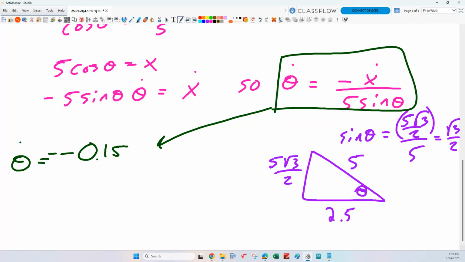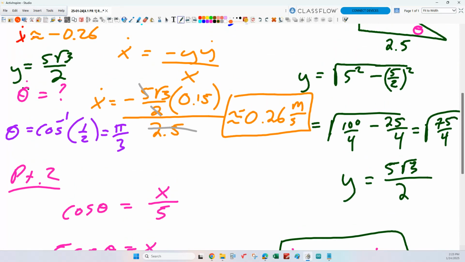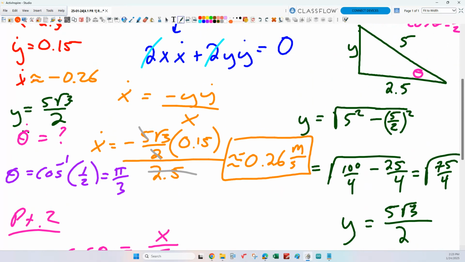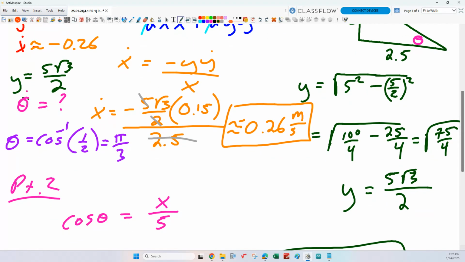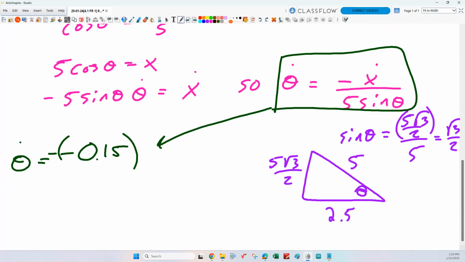Agreed? So we get negative. That's Y dot. Oh, that's Y dot, whoops, okay. Was X at 2.25? Oh, X dot was the one that we solved for. Yeah, right, X dot was roughly 0.26. Okay, gotcha. Yeah, we gotta fix that.